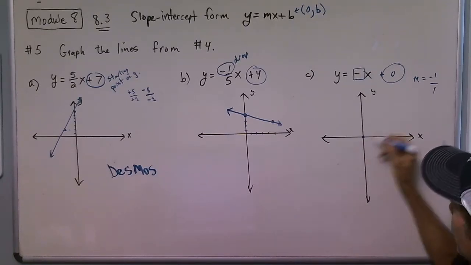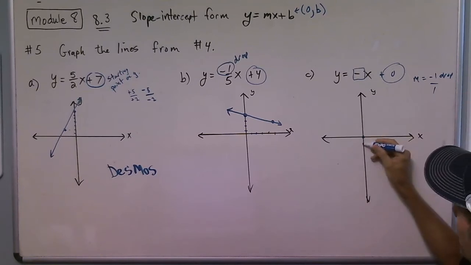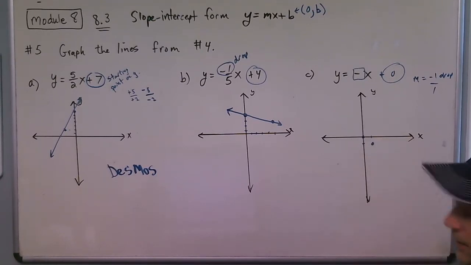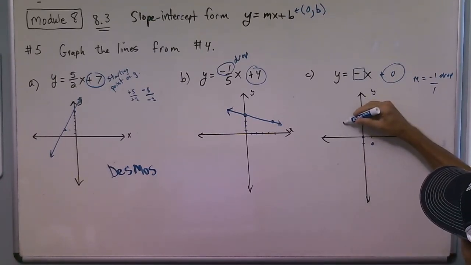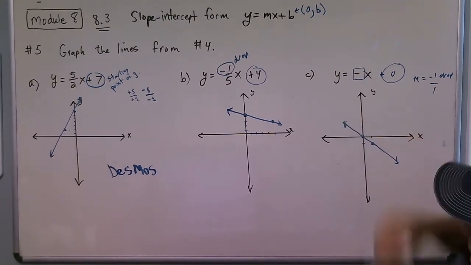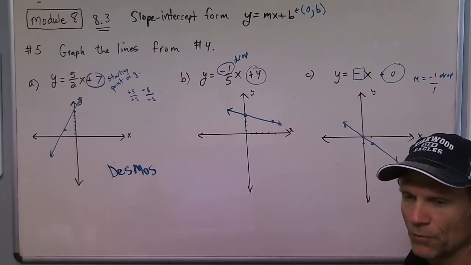So I'll drop 1 because of the top number, and run 1. Drop 1, run 1, and I get a point right there. So what I get is the most basic negative slope line there is, right through the origin with a slope of -1.